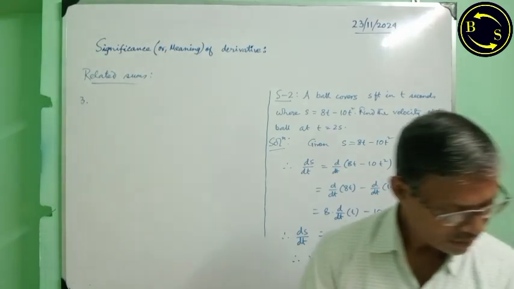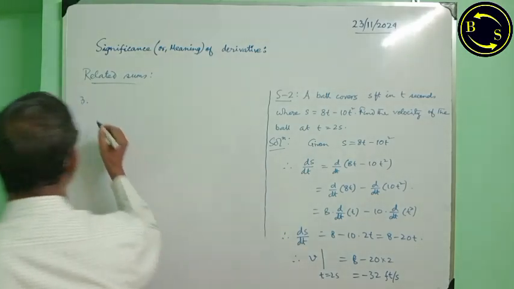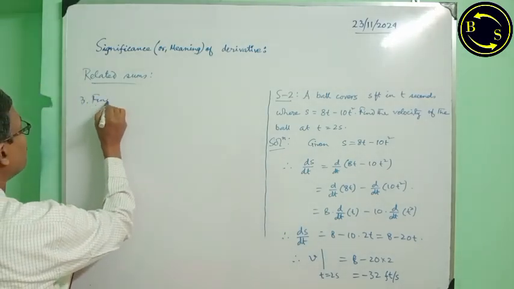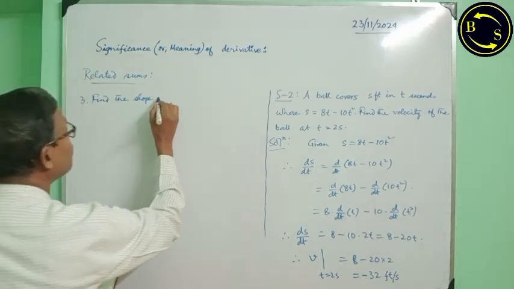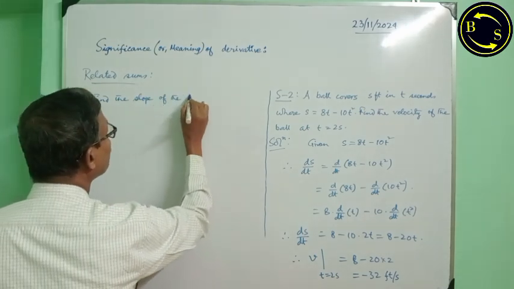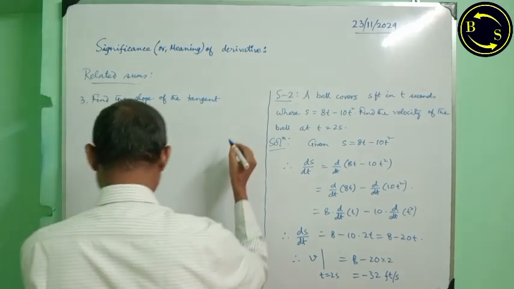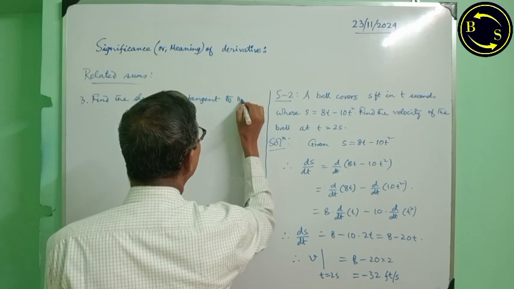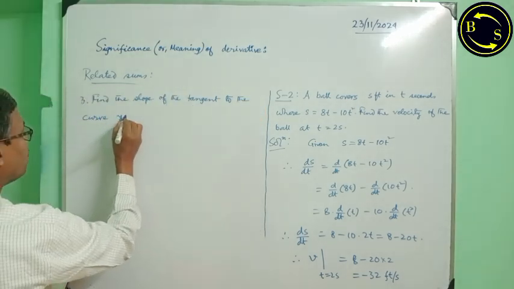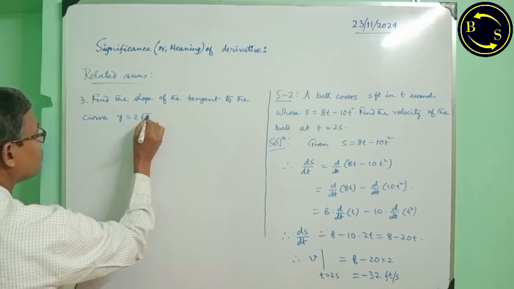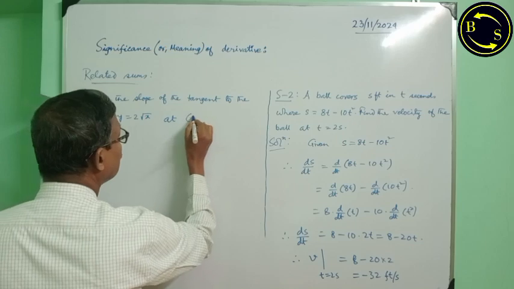Find the coordinates, find the slope of the tangent to the curve y is equal to 2 root x at 1, 2.